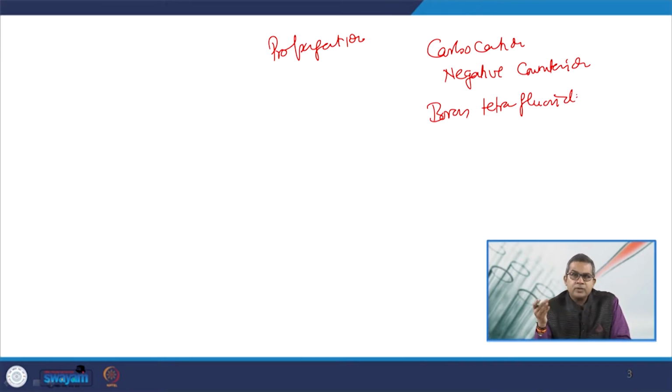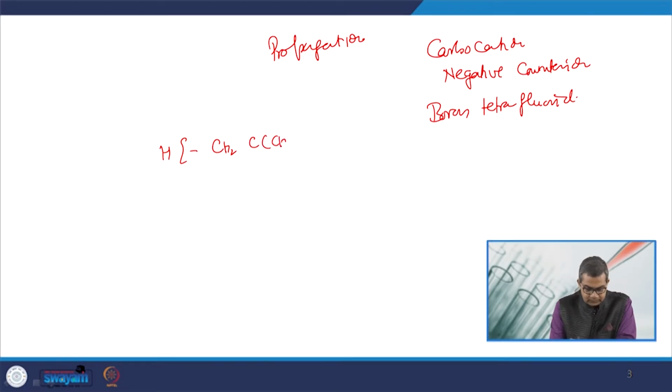In continuation, we discussed a lot of various techniques for this initiation step. Now, this further proceeds to propagate by a successive addition of monomer molecules. So, let us have a look at this particular aspect.